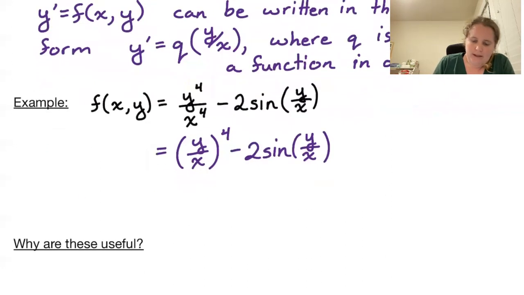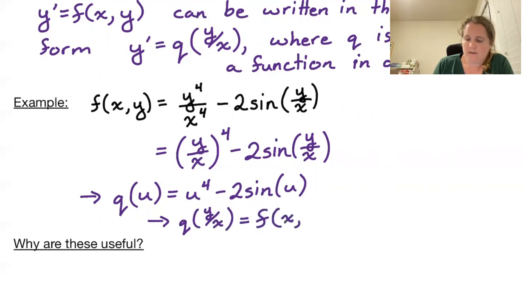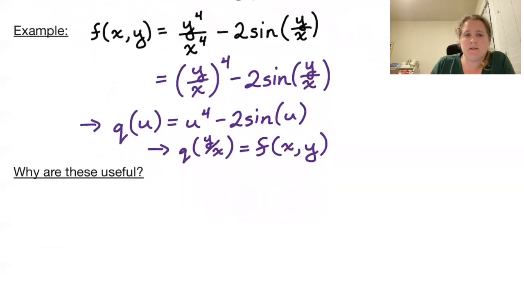And therefore we could take q of, I'm going to use u because we'll use it later, to be u to the fourth minus 2 sine of u, then we would have q of y over x is the same as our f of x, y.